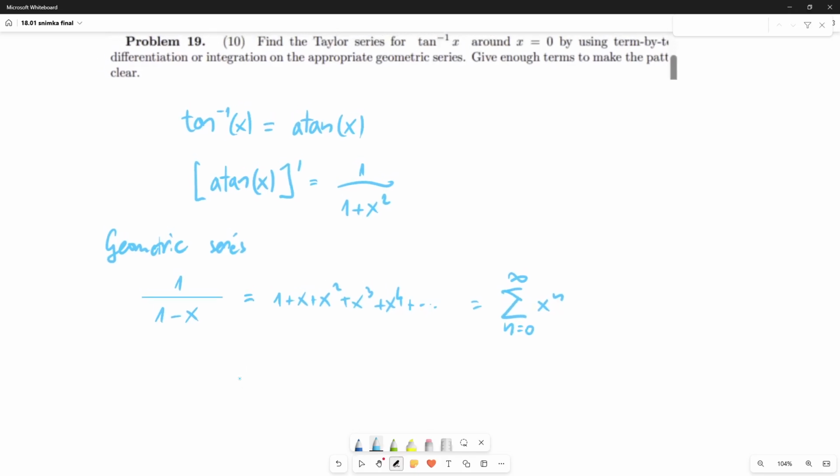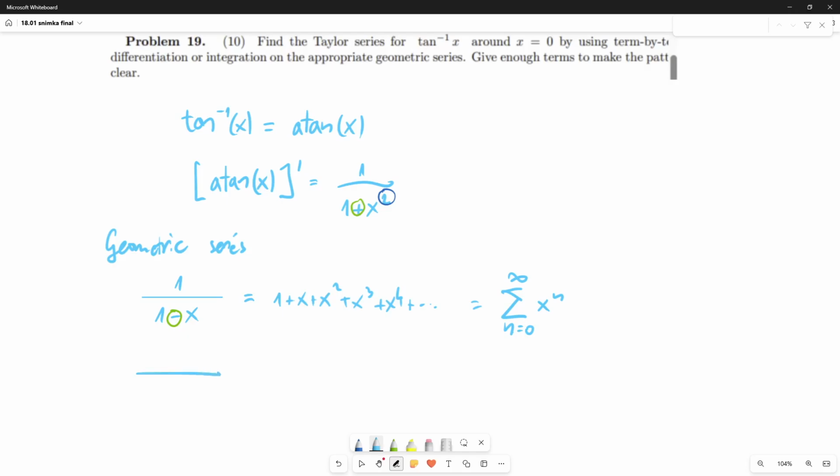But in our case, there are two differences. Here we have minus, here we have plus. Another difference is that here we have x to the power of 1, and here we have x to the power of 2.